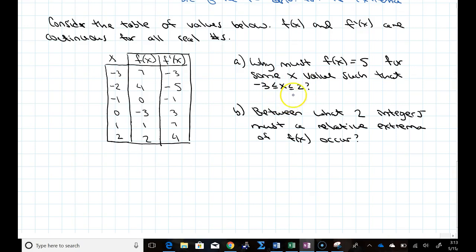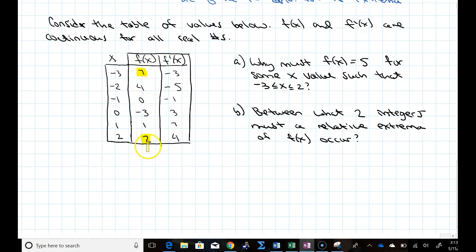Okay, here I go. Well, by the IVT, because f of x is a continuous function over the interval of x from negative 3 to 2, there must be at least one x value between negative 3 and 2 such that a y value of 5, and notice that 5 is between the range of y values 2 and 7, right?